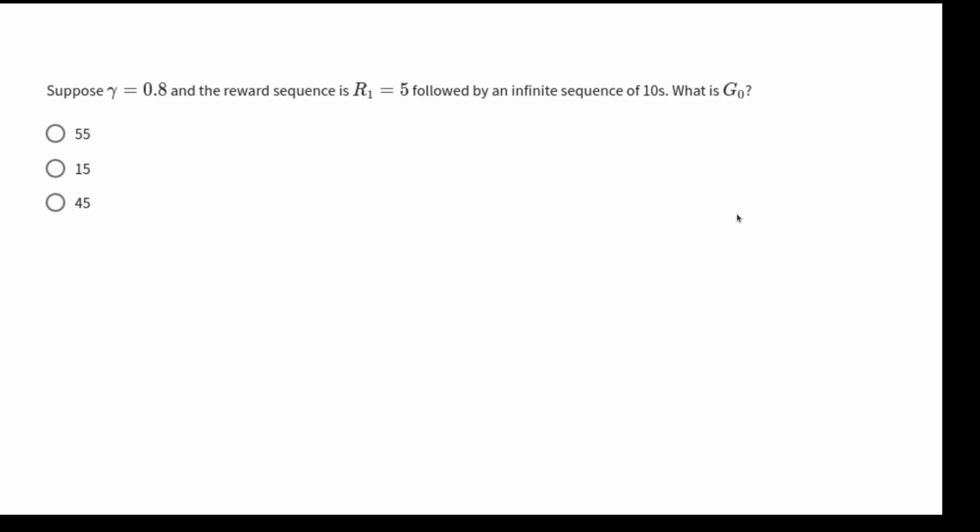What was the equation for G? It was immediate reward plus gamma into long term reward. So you just put it there and do it, you will get it. Someone is saying 55. Anybody else have any other answer?